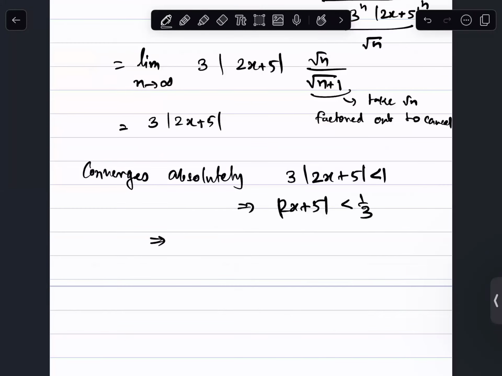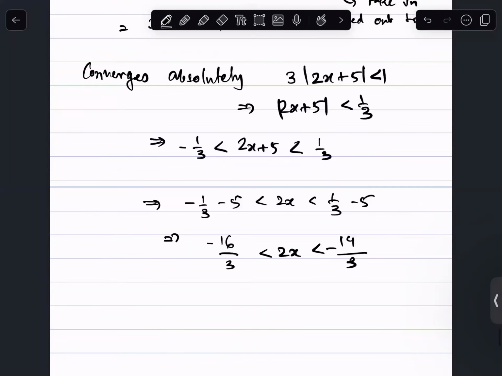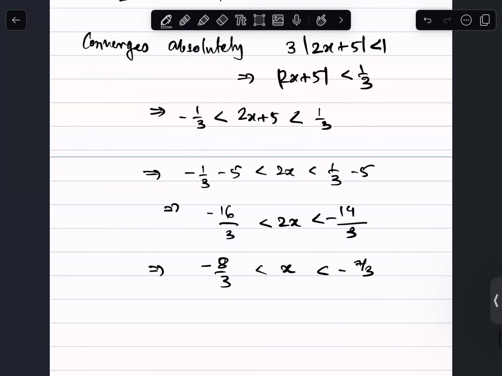Then 2x plus 5 should be between minus 1/3 and plus 1/3. And then add minus 5 everywhere. This will be minus 16 over 3 less than 2x less than minus 14 over 3. And this is minus 8 over 3 less than x less than minus 7 over 3. x should be in between this.